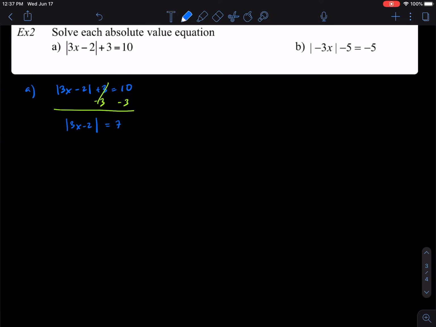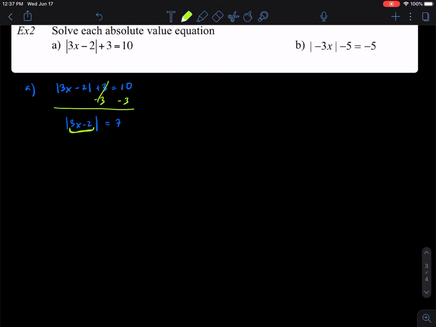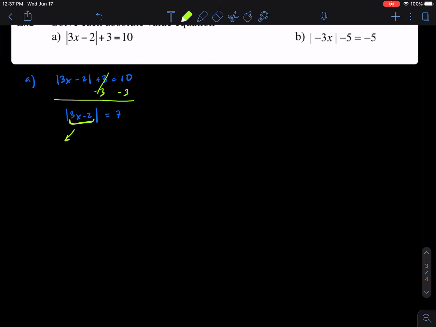But what we can say is, whatever x is going to be, when we multiply that by 3 and subtract 2, the result can be a positive or negative number. If it's a positive number and we take the absolute value of that, it gives us 7, then it's going to be positive 7. If 3x minus 2 is a negative number, when we take the absolute value, it's still going to be positive 7. So this gives us two possibilities.